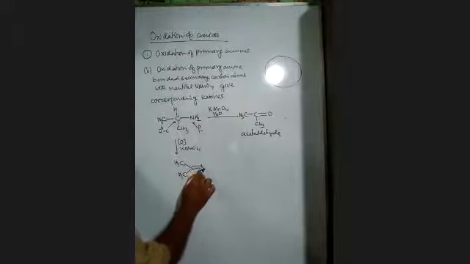Oxidation is being done. So what do you get now here? You get this. See? So this is a ketimine. Imine of ketone. Ketimine.